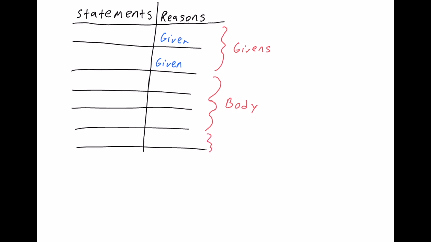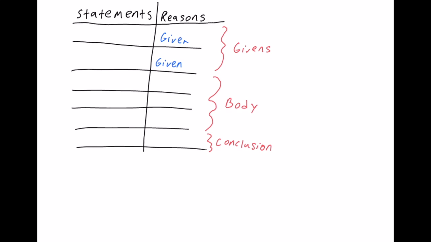And then the final part is the conclusion. Usually is only one line. And in the conclusion is where you will say that, in this case, the two lines are parallel usually. They may be looking for something else, but in this case they're probably looking for the fact that the two lines are parallel. Okay?